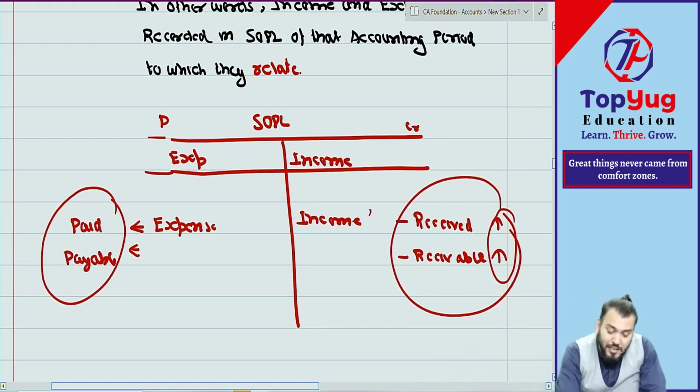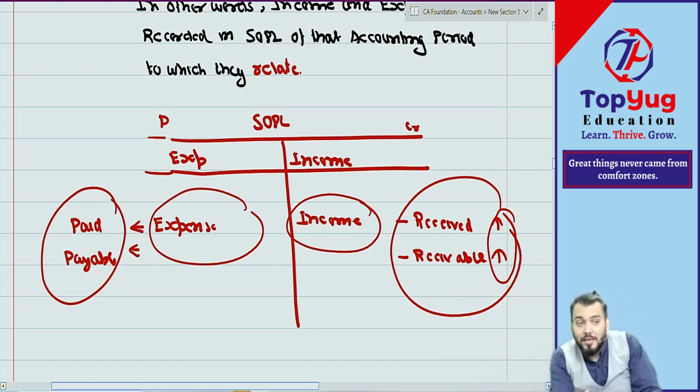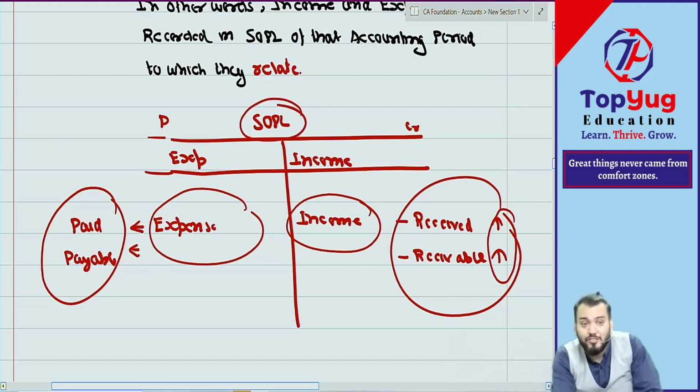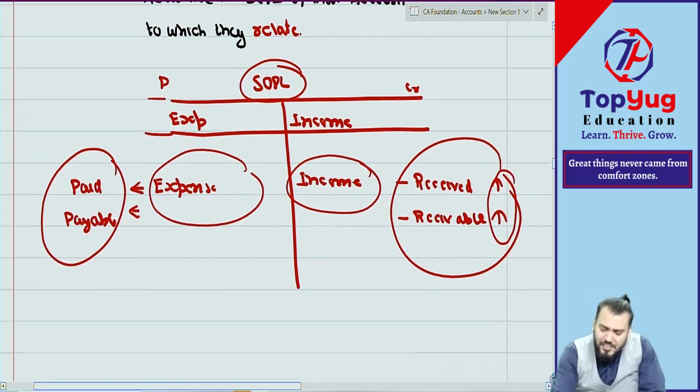Right now, when I am saying SOPL, we are discussing only one aspect. Income will be recorded whether received or receivable. Expense will be recorded whether paid or payable. In SOPL, income will be recorded where? In SOPL. Expense will be recorded where? In SOPL.